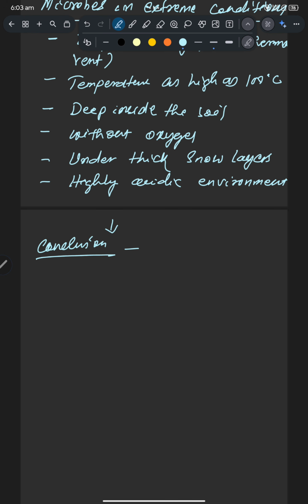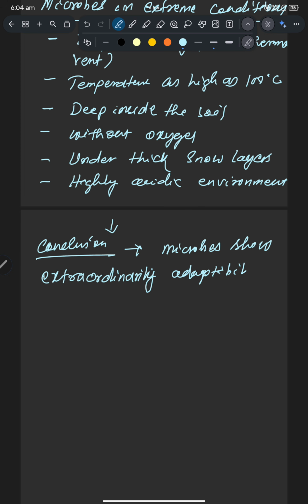The conclusion is that microbes show extraordinary adaptability to extreme environmental conditions.